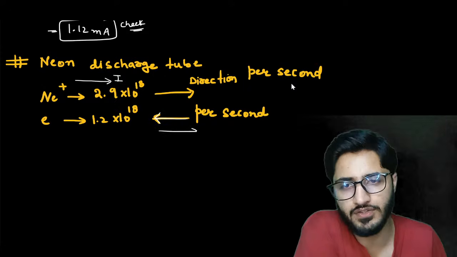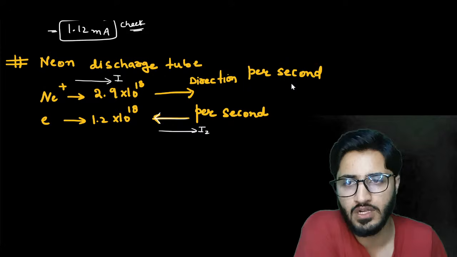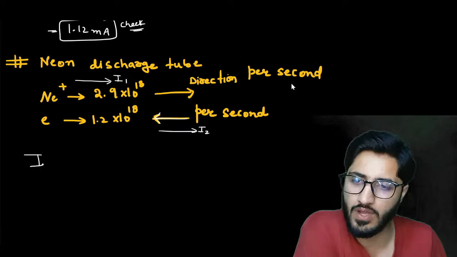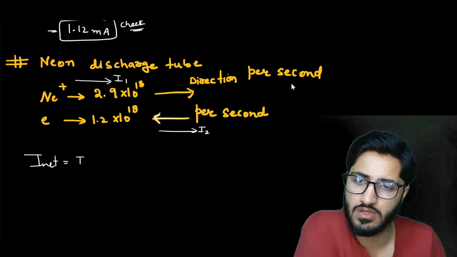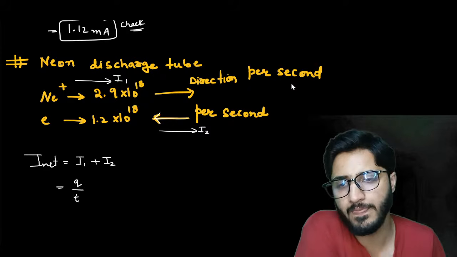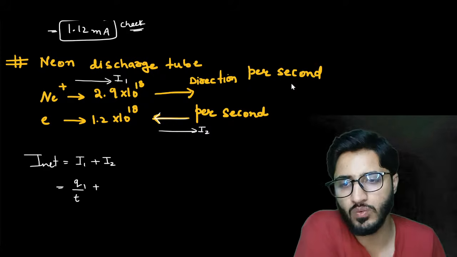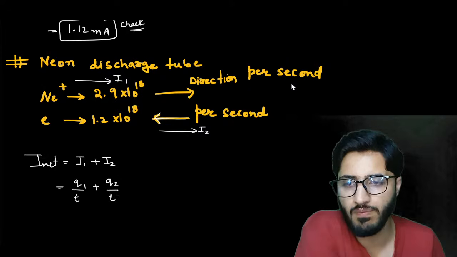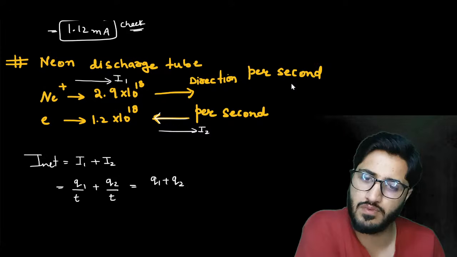So I net is equals to I1 plus I2. What is current? It is charge by time. Time is 1 second, so I can write Q1 plus Q2. What is Q1?